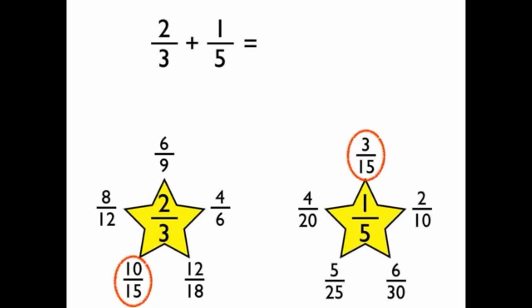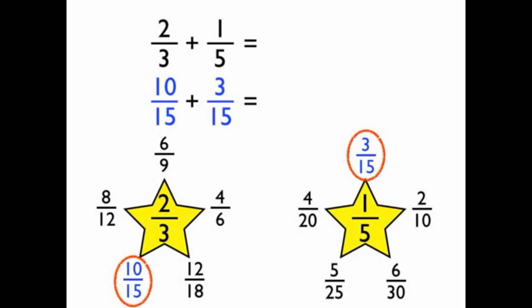The next thing you do is you have to spot which of the equivalent fractions on each side have the same denominator. So in this case, 10/15 and 3/15 have the same denominator, 15. So you use these two equivalent fractions to rewrite your original sum.